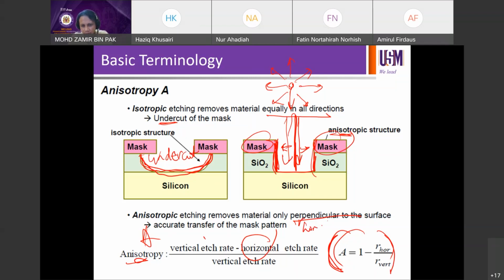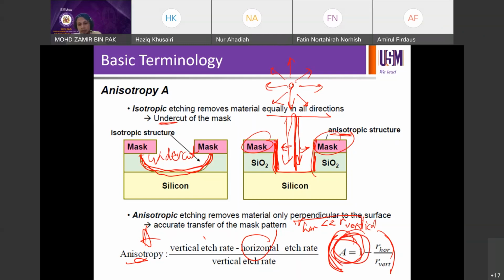R horizontal much smaller than R vertical. Yes, A equals 1, right? Okay, A equals 1 because A now equals 1 minus so small over so big. So 1 minus almost 0. 1 minus 0 is 1. So then the anisotropy of this reaction will be 1 or almost 1.